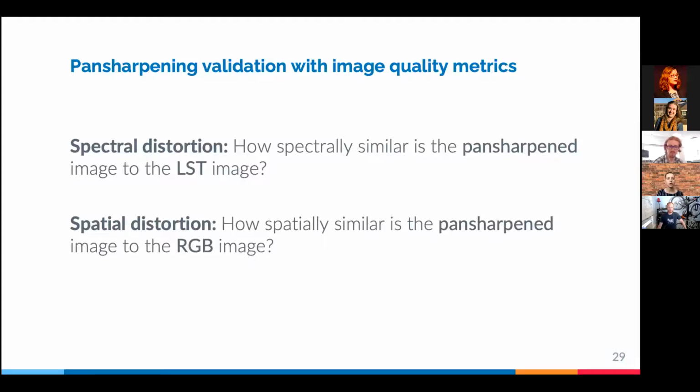Whereas spatial distortion is trying to answer how spatially similar is the pan-sharpened image to the RGB image. Ideally, the pan sharpening algorithm should produce an output that has minimal spectral distortion to preserve the LST values and minimal spatial distortion to preserve the spatial features of the original high resolution RGB image.